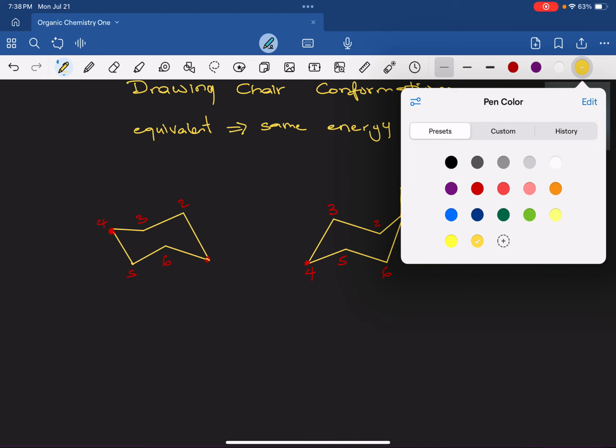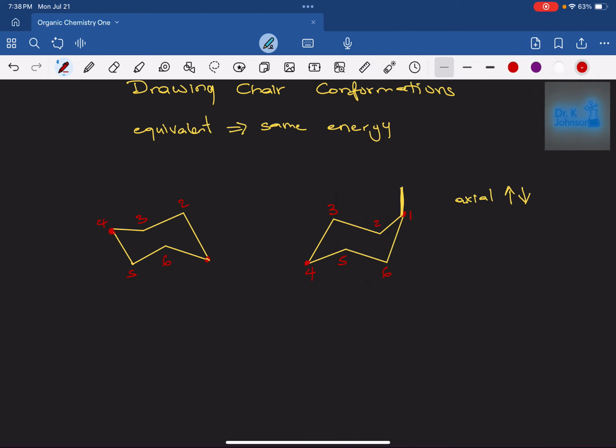Your axial bonds, they point in the direction where the lines meet pointing. So for example, if you look at these two bonds, when they meet right here at the nose, they meet pointing up. So your axial bond is up on this carbon.